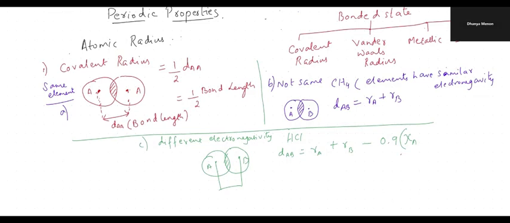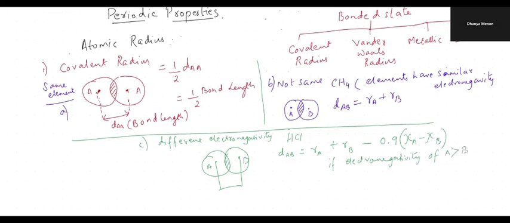So xi of A minus xi of B. This is the case if the electronegativity of A is more than B. If it's the other way around, just do it the other way around.